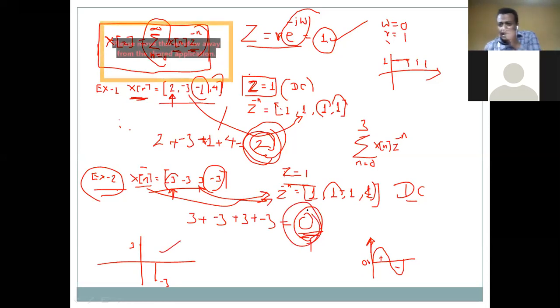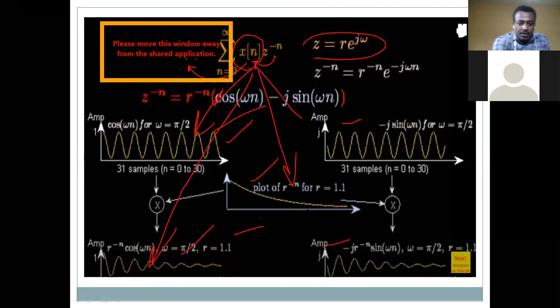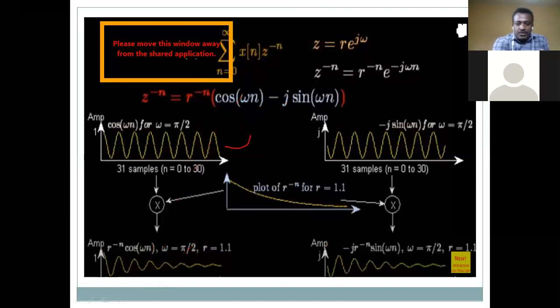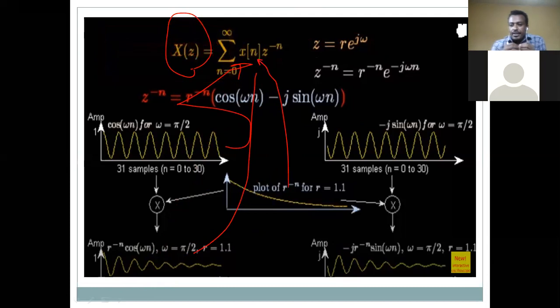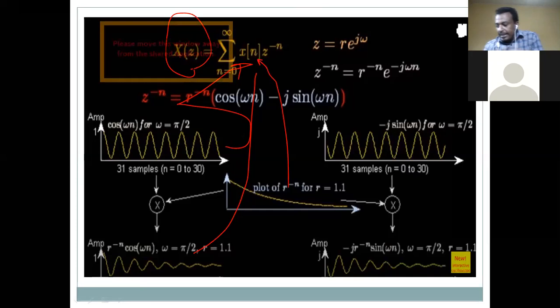The Z transform tells you not only about the DC component, you can go further. Check your sinusoidal with your signal. Check exponentials. Exponential correlated with x of n. Calculate what? Find X of z. X of z, what do we call it? Z transform.